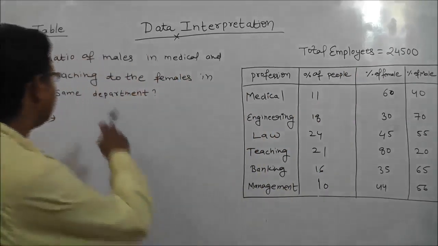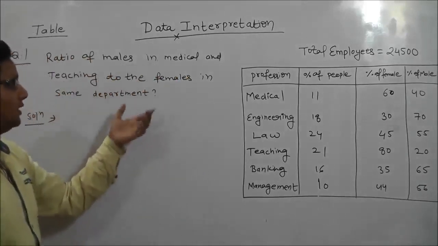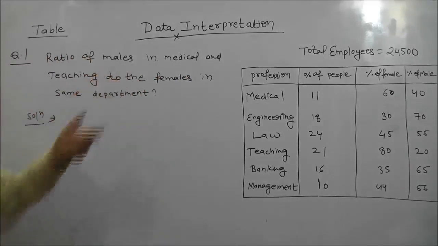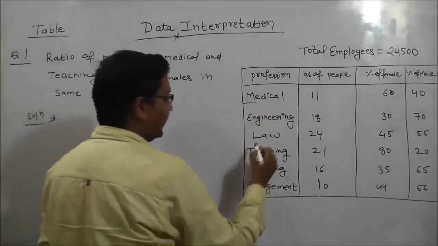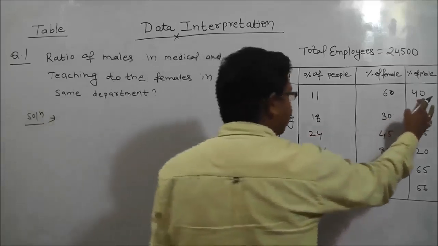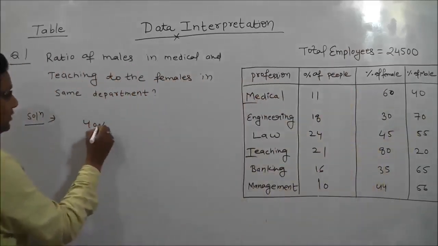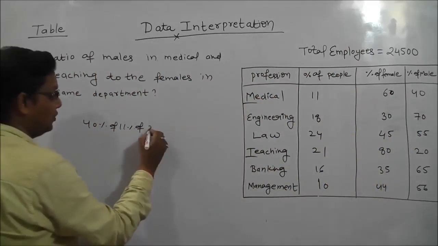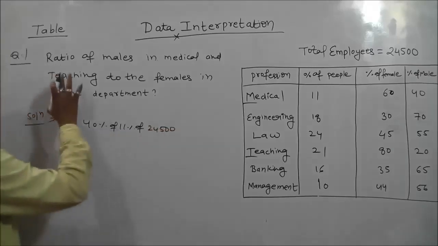Ratio of males in medical and teaching to the females in the same department. So what is the ratio of males in medical and teaching? That is 40% of 11% of 24,500, plus what?